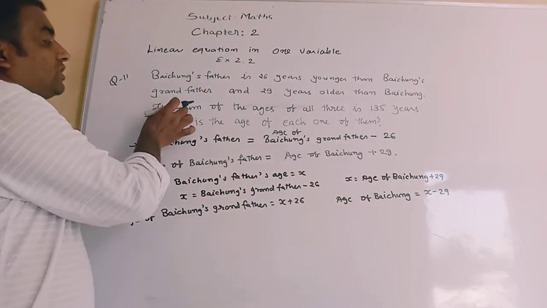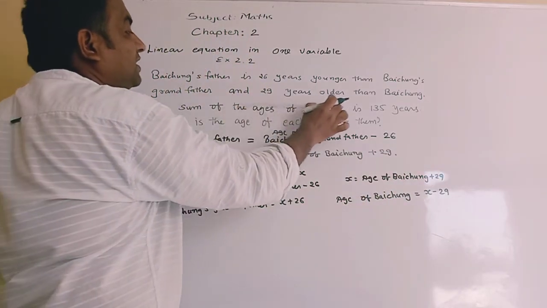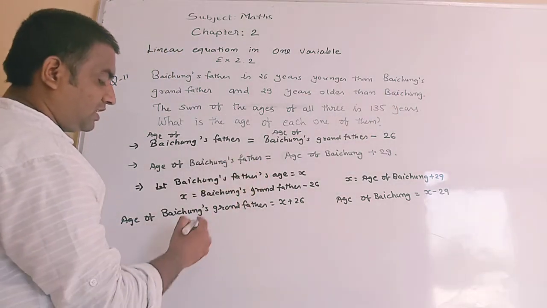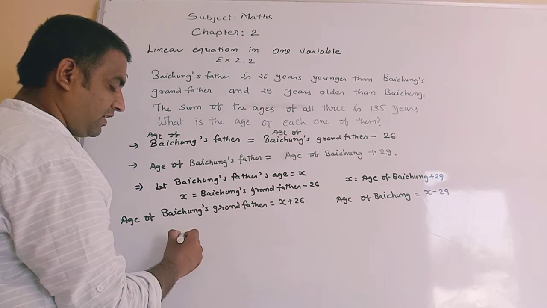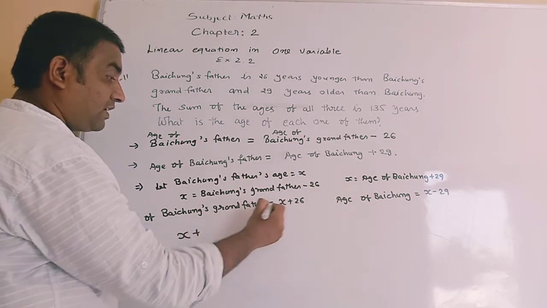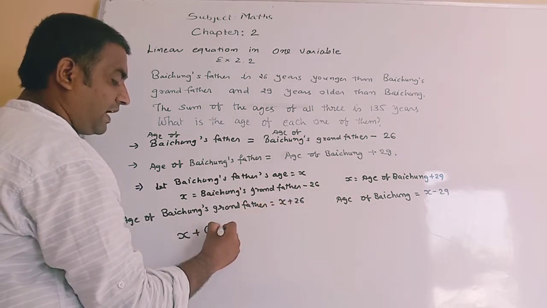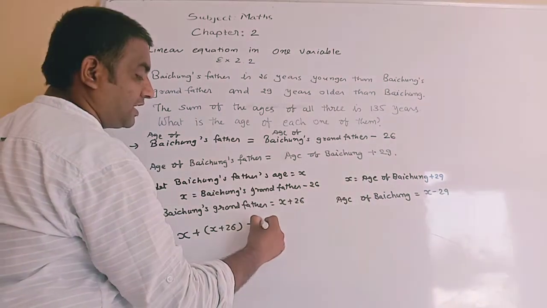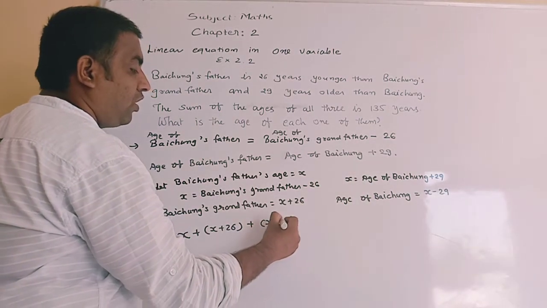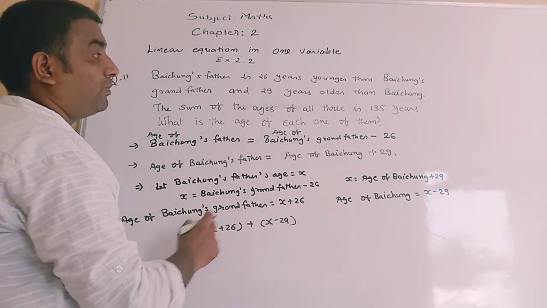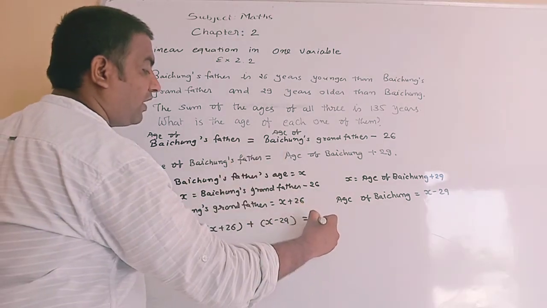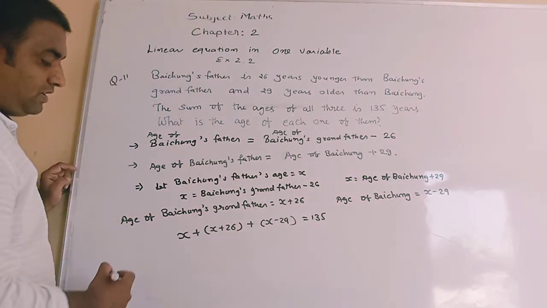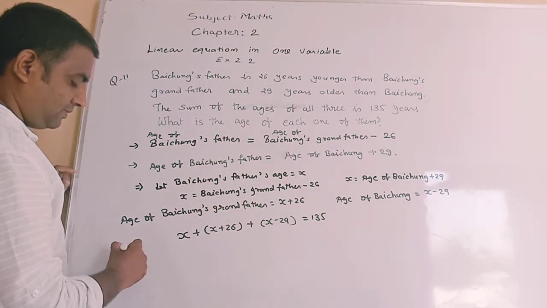Now further the question is given the sum of the ages of all the three persons. So three persons: Baichung's father x, grandfather x plus 26, and son Baichung x minus 29. All the three ages sum is 135. This is as per the question.